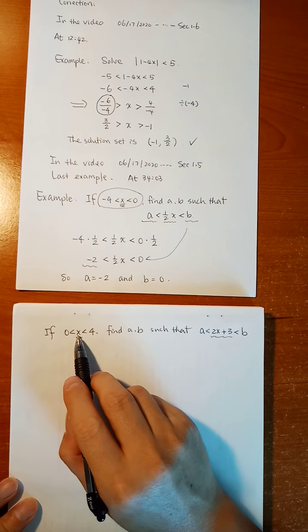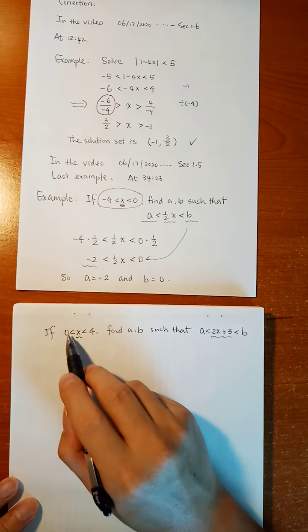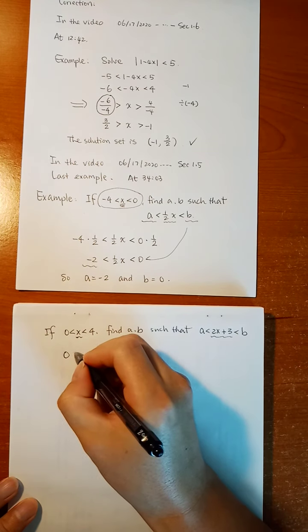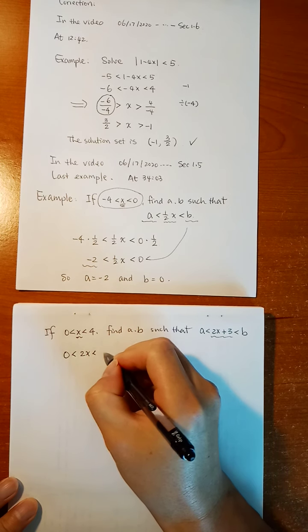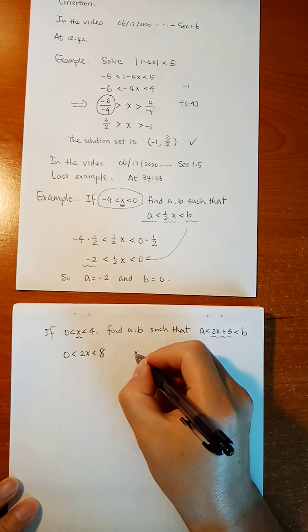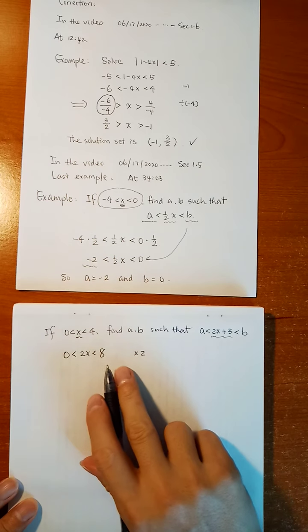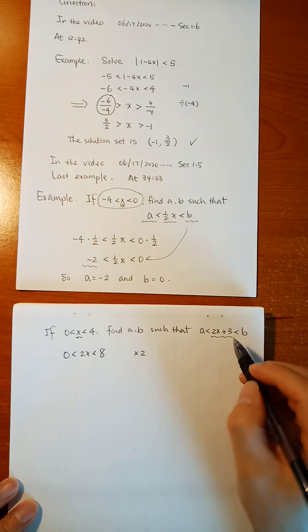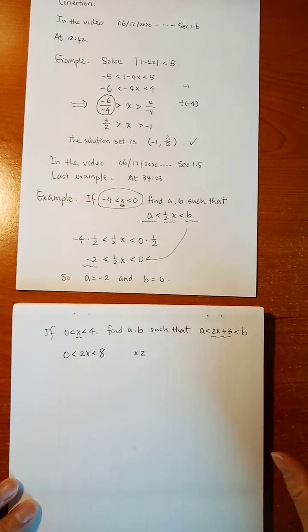We first multiply this inequality by 2, the coefficient 2. We multiply the inequality by a positive number, so we get the same direction. And then we add 3 to the inequality. Addition always preserves the direction.